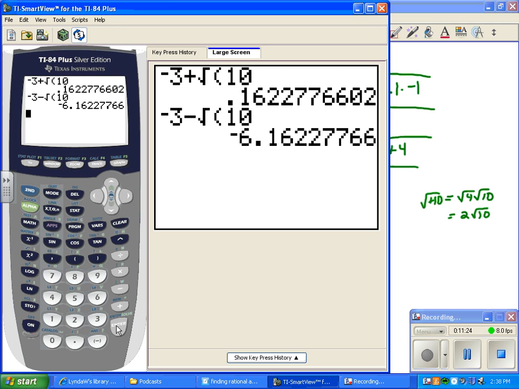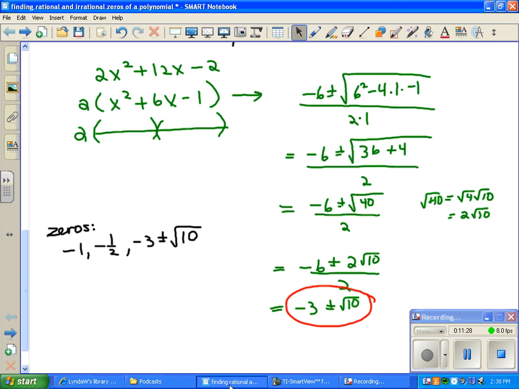So let's see if Descartes was right. We have one negative here, and then the negative 6.162 was our third negative, so that was this one. So we had 3 negatives. And the negative 3 plus the square root of 10 was the positive 0.162, which was our one positive.